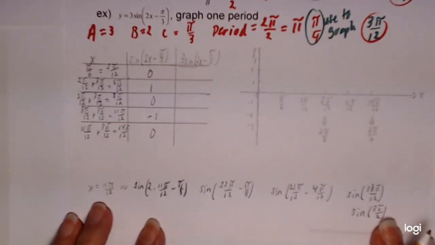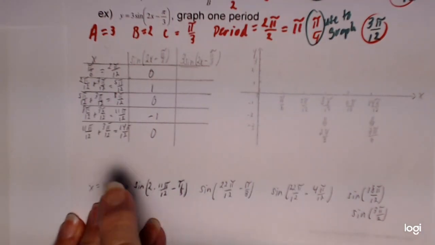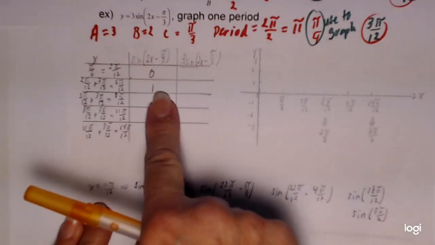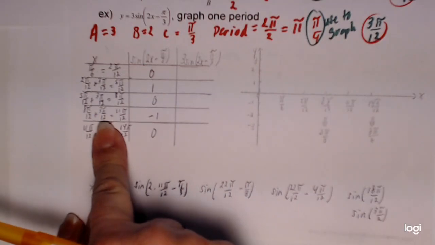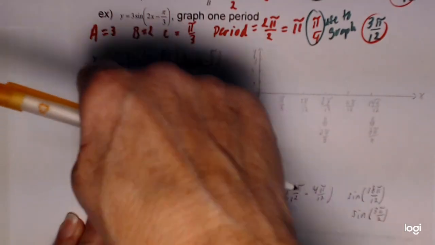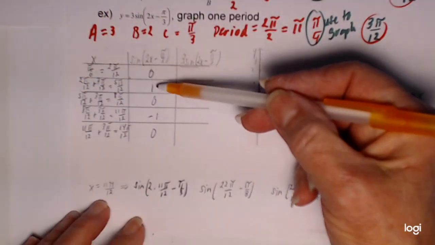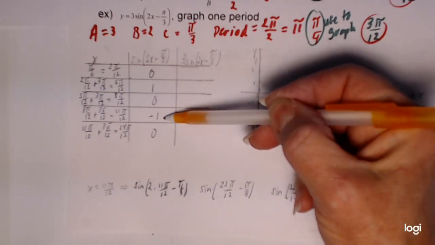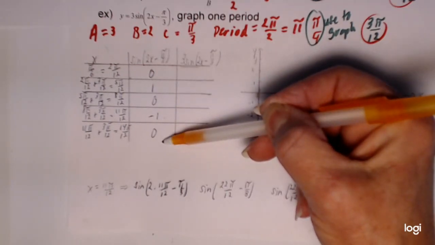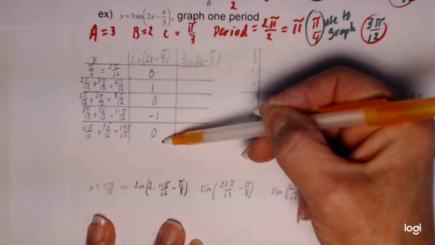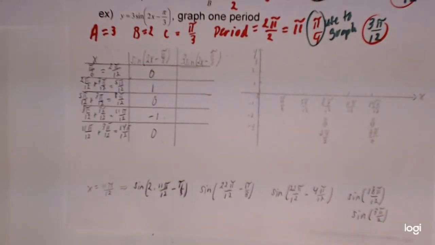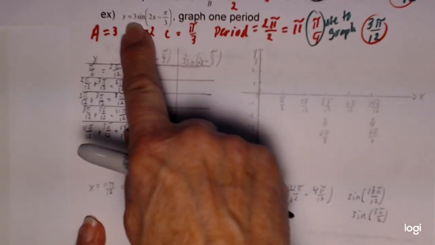So as I said, there isn't the need to go back and substitute all these x's in here. Because of how we've chosen these values, these will be our 0, 90, 180, 270, and 360 degrees that we're evaluating at.